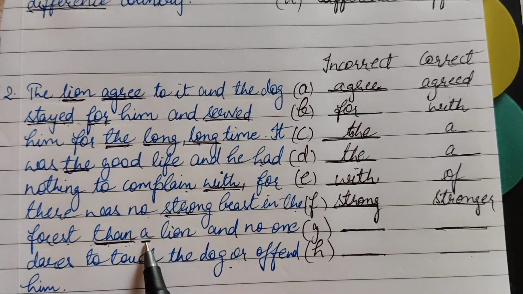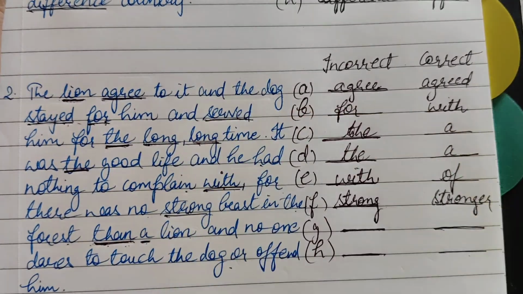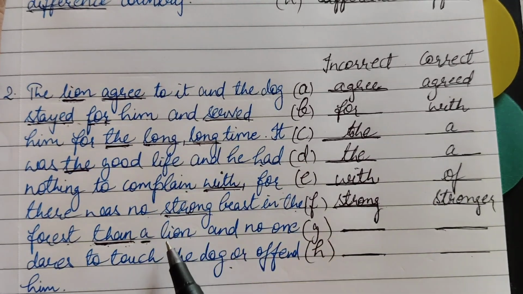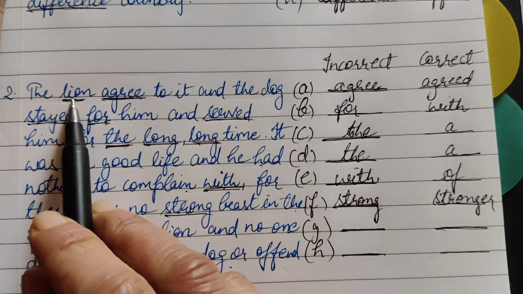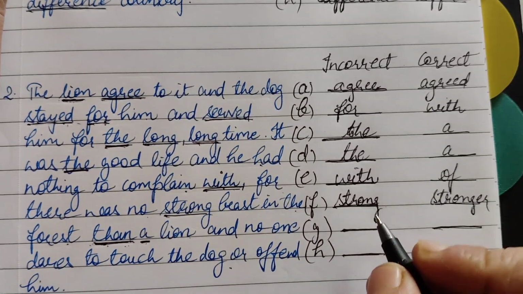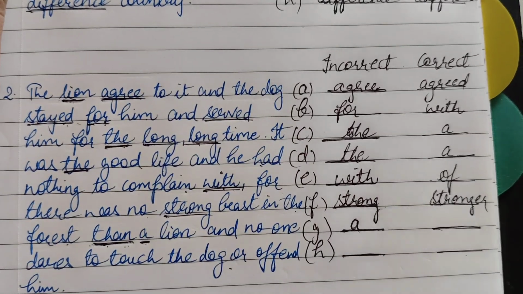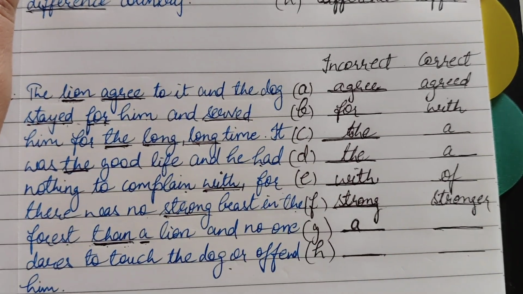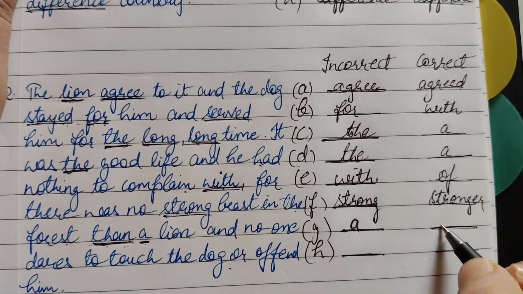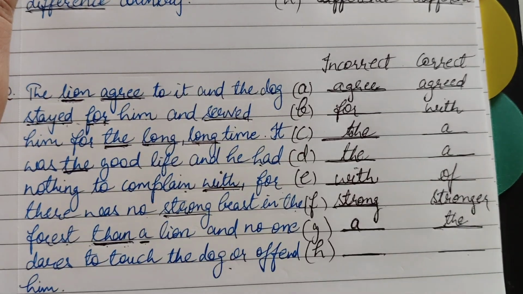If I had used a lion in the very first line, then it was completely right. But when I have talked about this lion a lot in the whole story, I will be using article the. So for the specific character, specific person, specific thing which I have mentioned once or twice before, I'll be using article the. So the is the correct answer here.